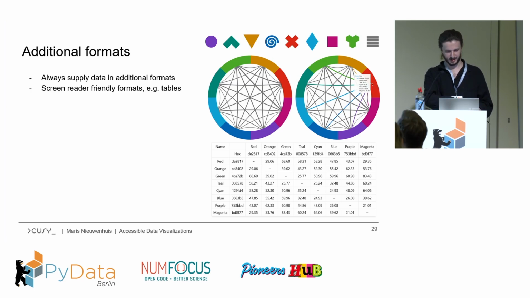It also changes the color of the chords themselves. But this, of course, looks fancy, but it's not really accessible. So we also include the table with all the color values and their delta E values to make it more accessible to screen readers.